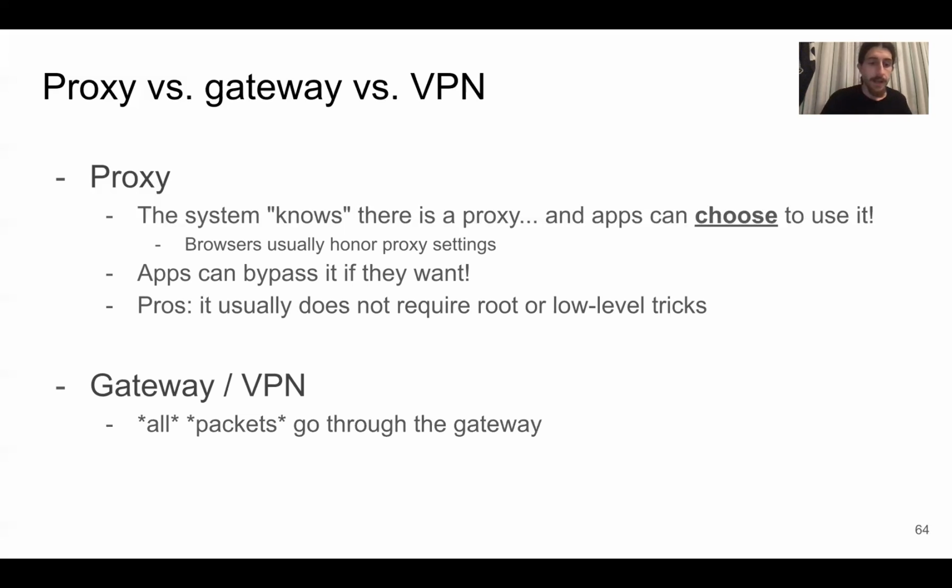If you take your device and make it use a VPN, then all these packets are going to be sent to the VPN gateway. And at that point, you can maybe do introspection and so forth.